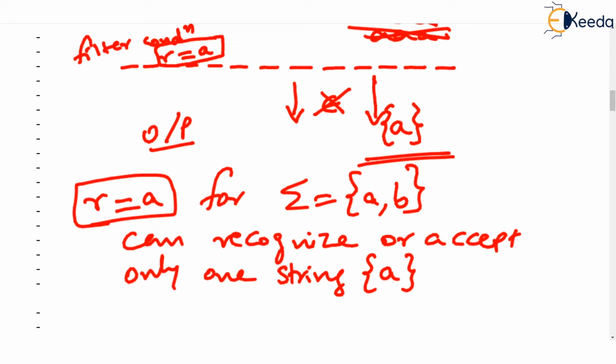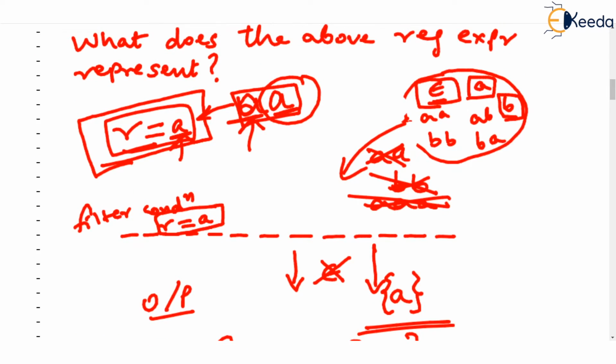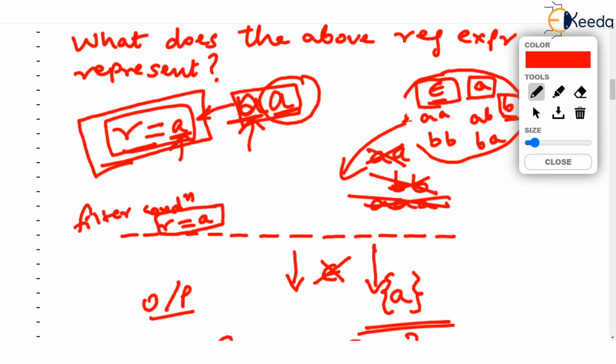So can you now imagine? I'm just going to again erase a few things here. Just patiently, you just check. I'm going to change the regular expression, and immediately you should be able to know which strings will pass that particular filter condition. Okay, just give me a second.